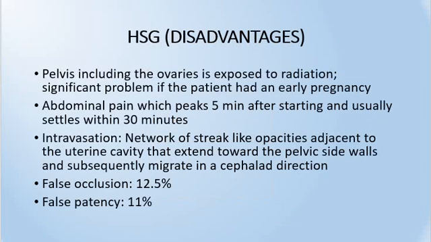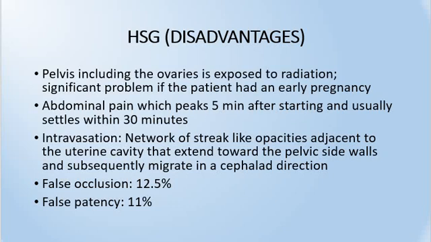There are certain disadvantages of hysterosalpingography. The pelvis, including the ovaries, is exposed to radiation when we are doing this procedure. There's a significant problem if the patient has had an early pregnancy accidentally. Abdominal pain peaks within 5 minutes after starting and usually settles down within 30 minutes of the procedure.